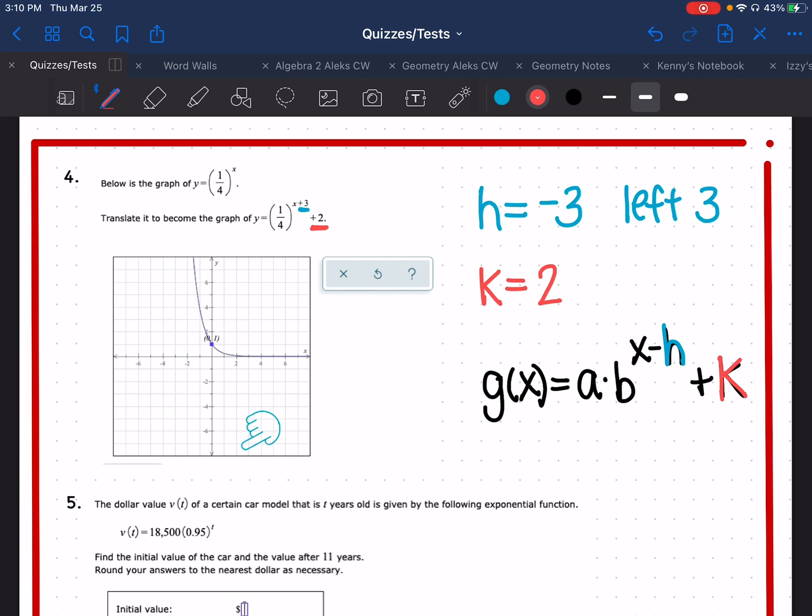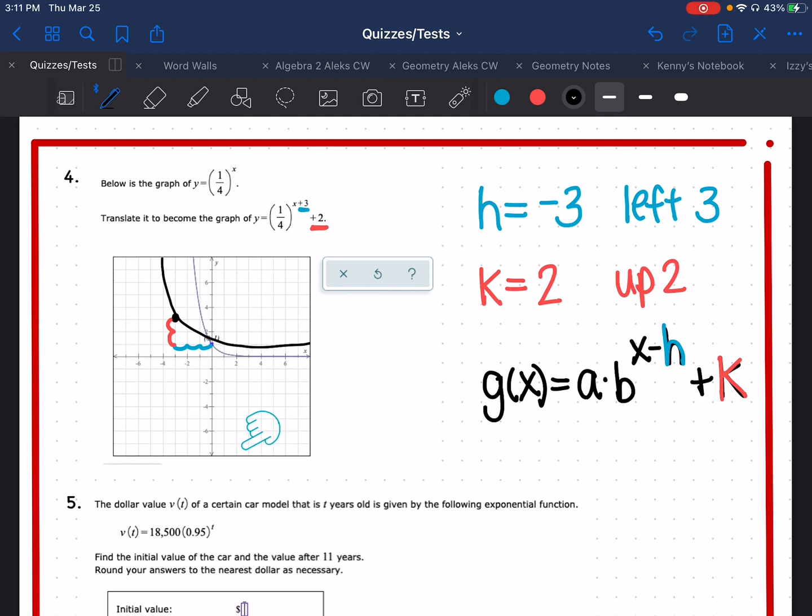This means that I'm going to move it up 2 because up is positive and down is negative. So all I have to do is grab that point with my hand and move it 1, 2, 3 to the left, and then count 1, 2 up and just click it down right here. Everything will move with it. Alex will move the graph with it, something like this, and that's it, you're done.